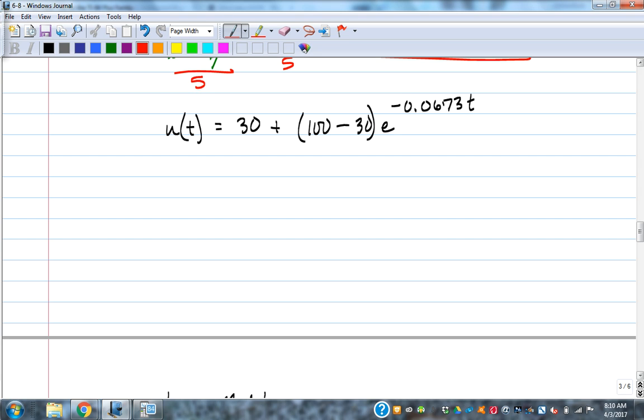How much time does it take to do that? So 50 equals 30 plus, and you can simplify that if you want to. And then just solve that equation for t. It's the same steps it took to solve for k. It's just got different numbers in there.